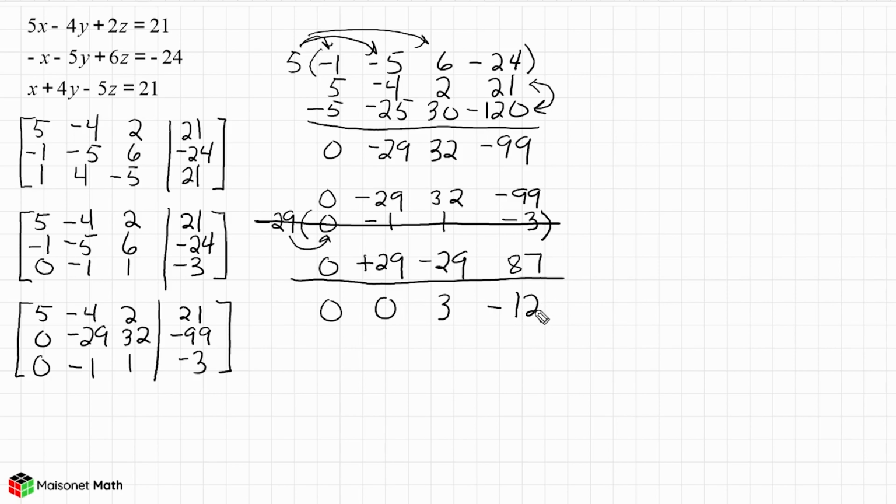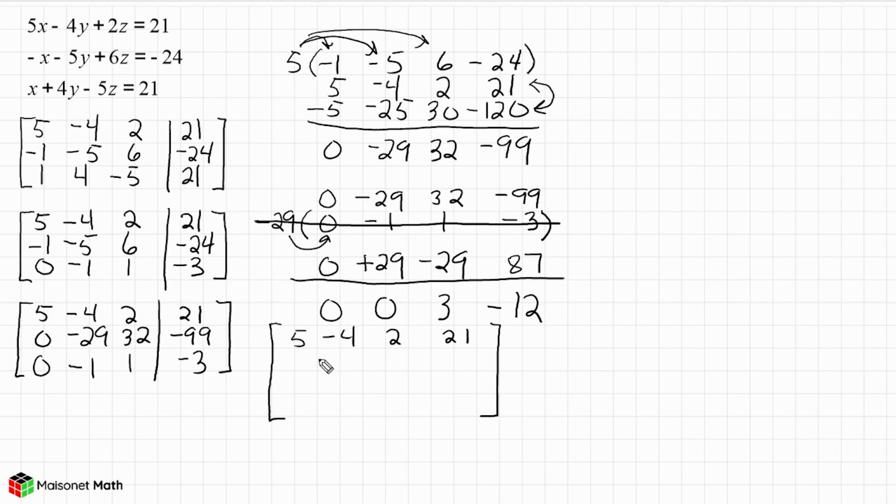All right. So what we have to do now is make one last matrix here. And we're going to rewrite the first set of numbers as 5, -4, 2, 21.